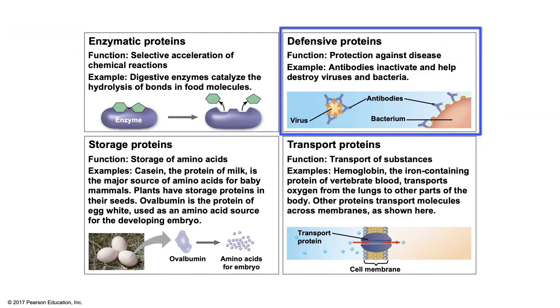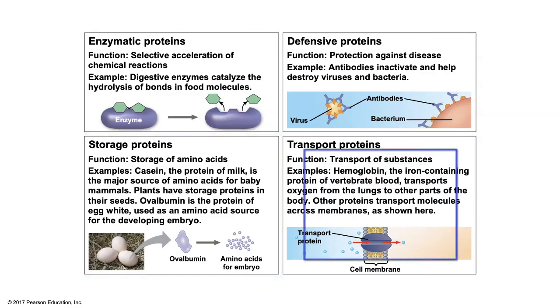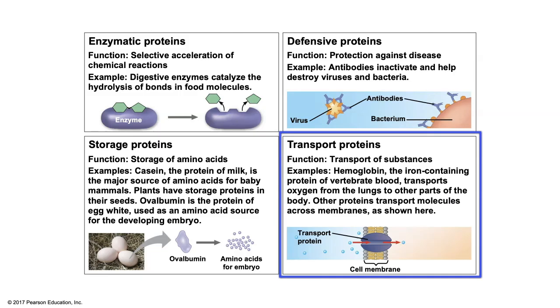Defense proteins, like antibodies, recognize foreign invaders such as viruses and bacteria, which is a crucial component of our immune defenses. Storage proteins, such as casein, which is a protein in milk, are important sources of amino acids for baby animals. Transport proteins carry molecules across membranes or through the bloodstream.